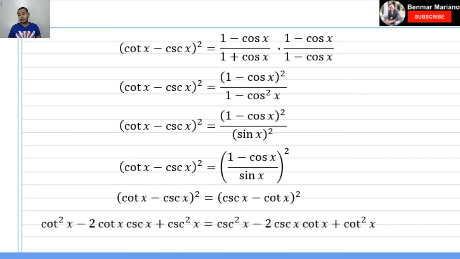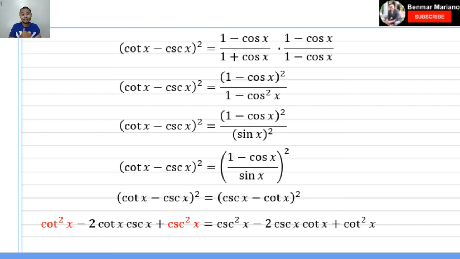Now, Sir Ben, they're not exactly the same. Yes, you are correct. They are not exactly the same, but what we can observe here is that we can interchange the position of those two functions that are written in the red ink. We can interchange them simply because they are both positive, and we are simply adding those two.